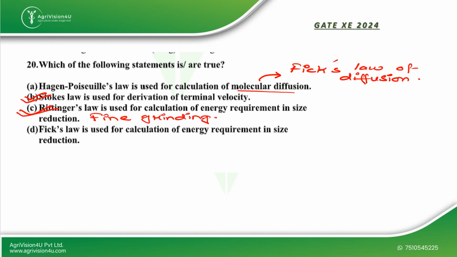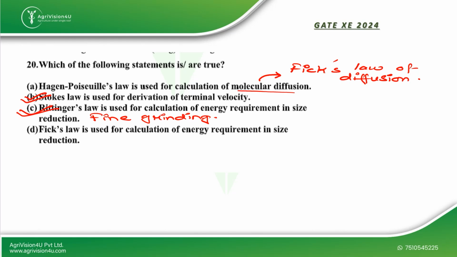Last option, that is Fick's law. So Fick's law, it is used for the calculation of energy requirement in size reduction. So this statement is incorrect because Fick's law describes the diffusion of molecules. So it is not related to the energy requirement in size reduction.